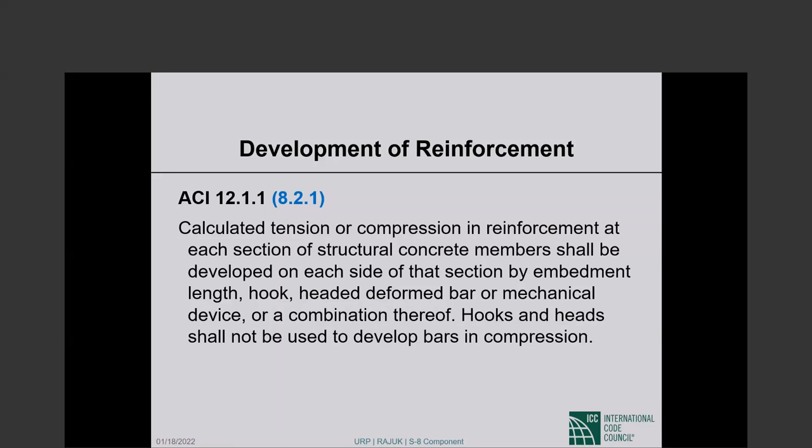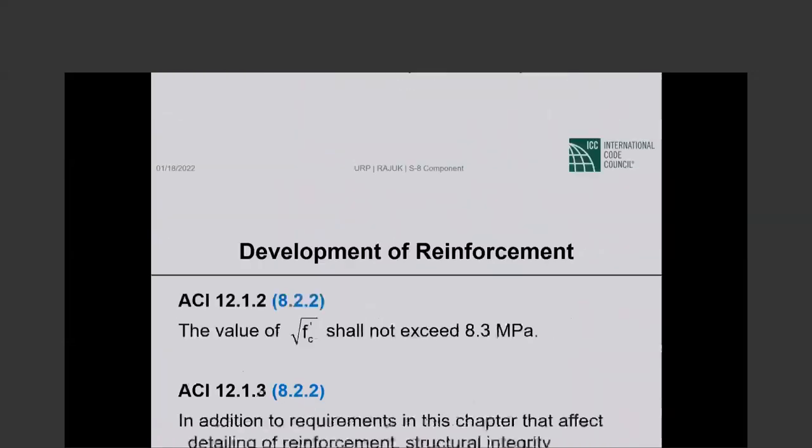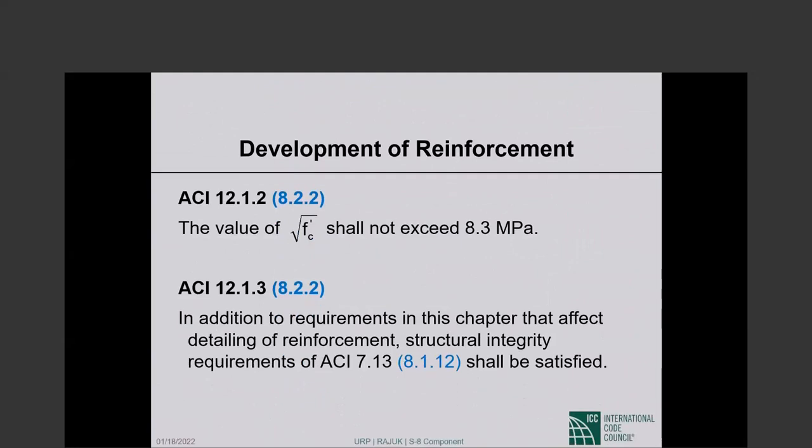So calculated tension or compression in reinforcement at each section shall be developed on each side of that section, and you do the development by embedment length, hook, headed deform bar, which I mentioned on the first day with you, or mechanical device, or a combination of these. Hooks and heads shall not be used to develop bars in compression. They work in tension fine, they do not work in compression.